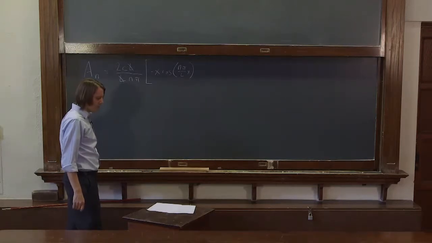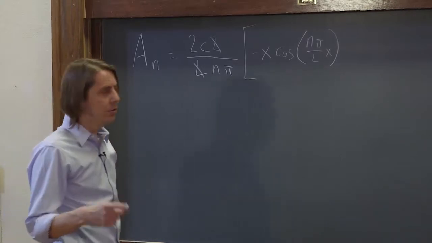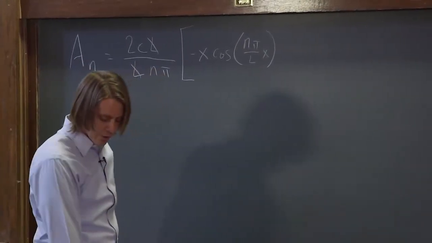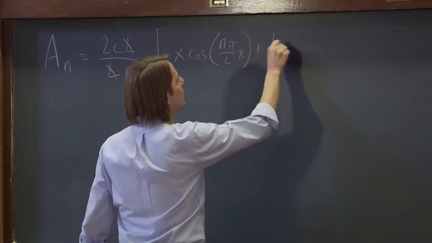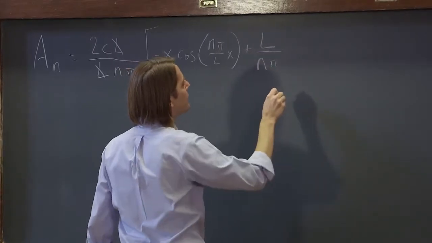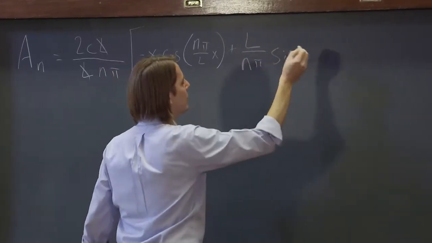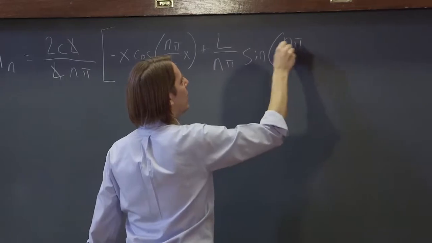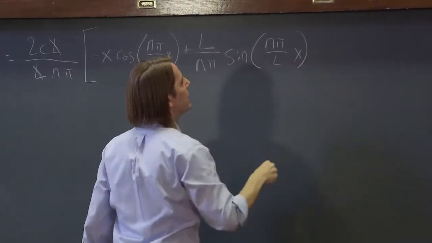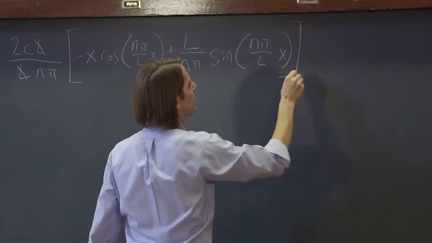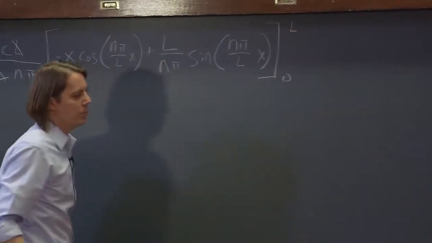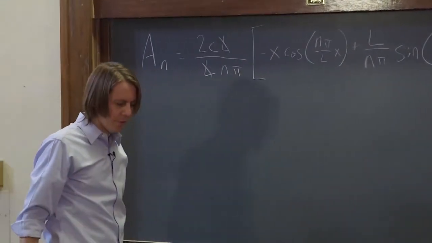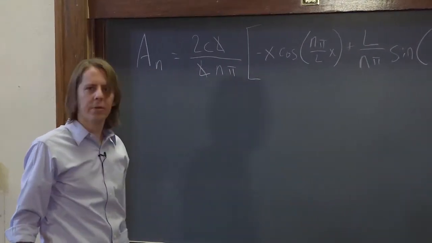Let's see, cosine integral, cosine goes to sine. We have to multiply by yet another L over n pi. So it becomes plus L over n pi, and then it became sine when we did the integral, n pi over Lx. And that is evaluated from 0 to L, so both terms are evaluated from 0 to L.